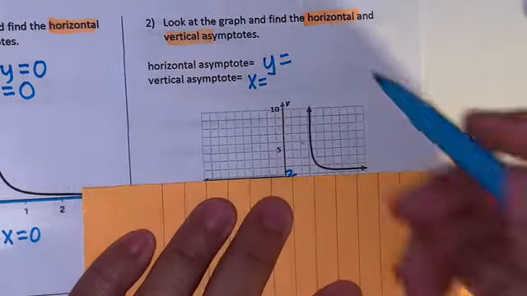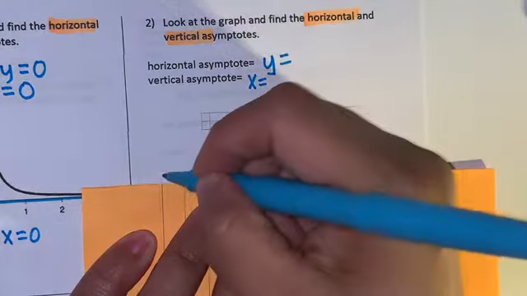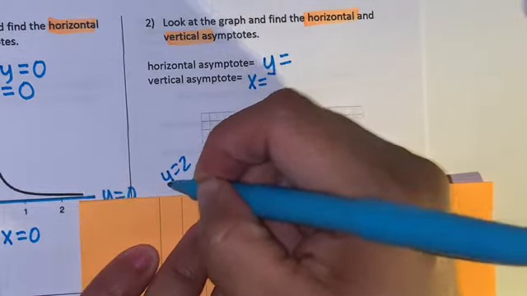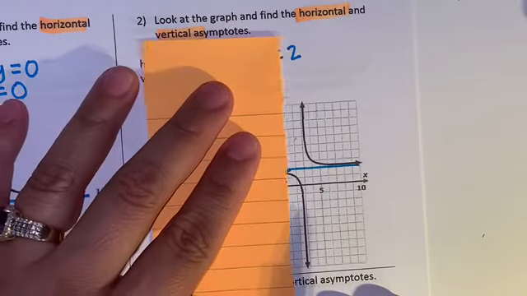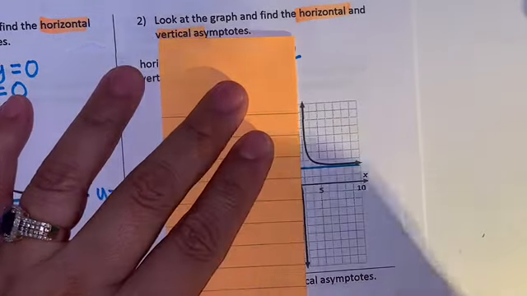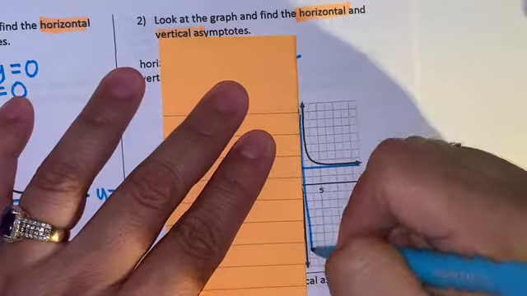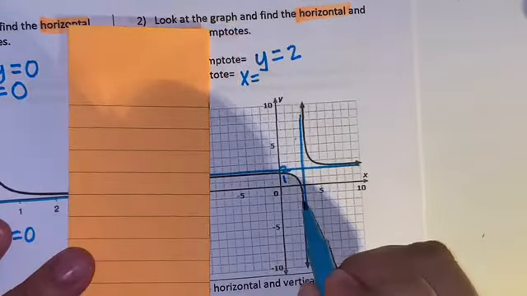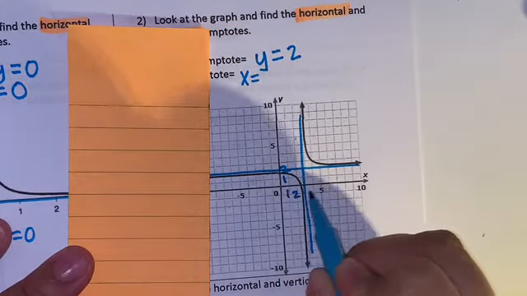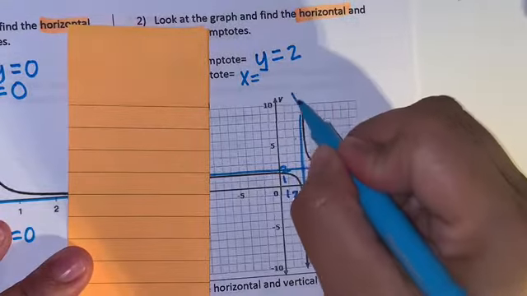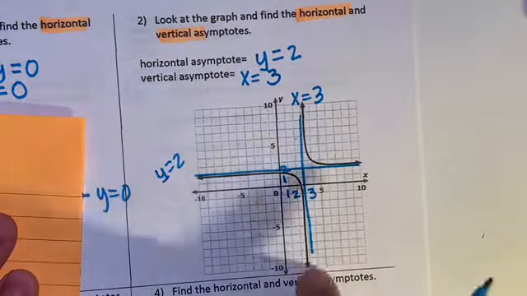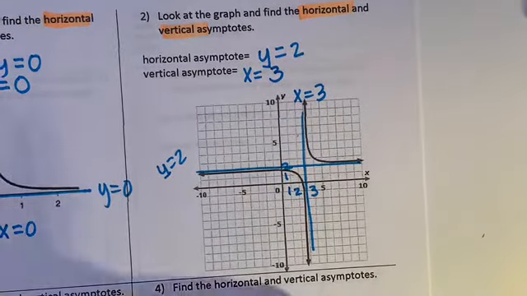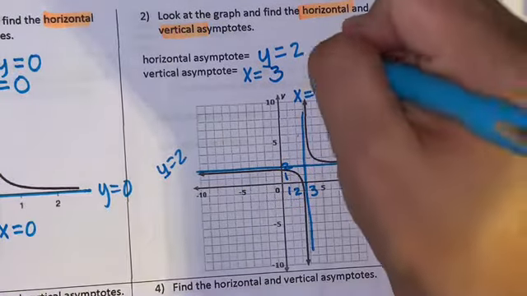So it doesn't touch y equals 2. Okay, and then our vertical is somewhere over on the right. And if we number this 1, 2, 3, so it's x equals 3 is your vertical, or the graph does not touch. Remember, these are also called limits.